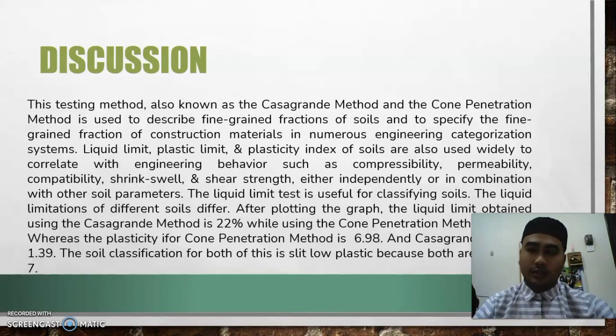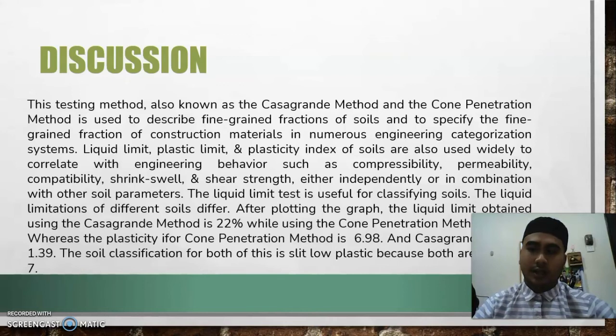The liquid limits of different soils differ. After plotting the graph, the liquid limit obtained using the Casagrande method is 22%, while using the cone penetration method it is 45%, whereas the plasticity index for the cone penetration method is 6.98, and for the Casagrande method 1.39.